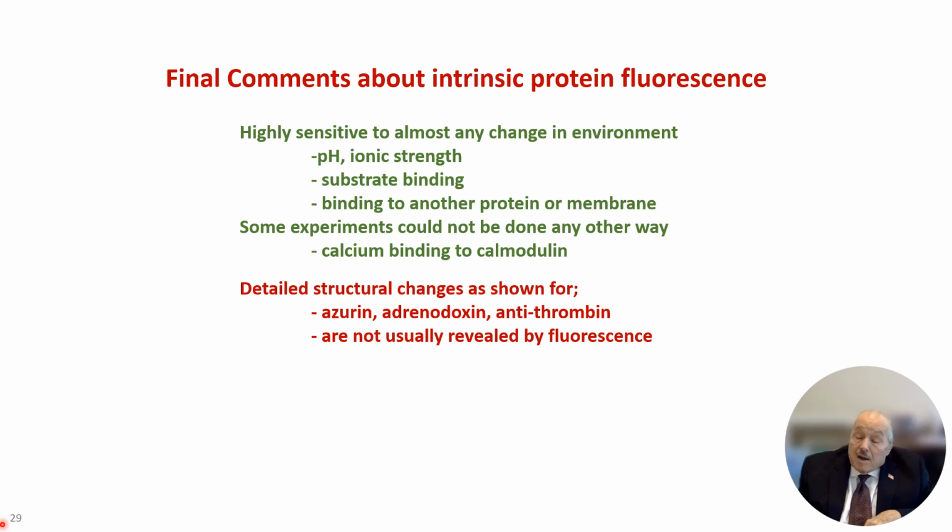So even though you might not be able to interpret a spectral change for the protein, you can determine that it's happening when two proteins interact. Some experiments could be done that could not be done any other way, like the calmodulin experiments. One I should have written in here, I think even globular proteins have a reasonable amount of flexibility, so the quenchers can pass through them.